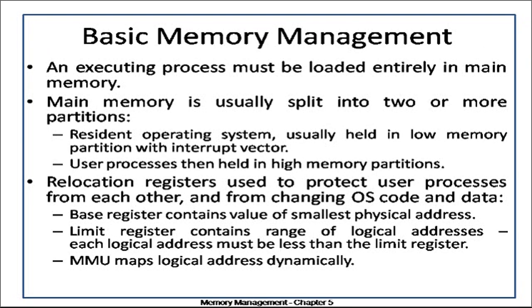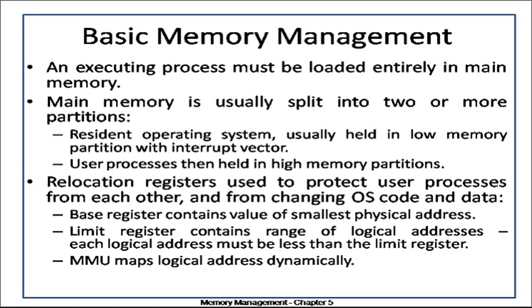Basic memory management. An executing process must be in main memory. The main memory must accommodate both the operating system and various user processes. The main memory is usually divided into two partitions, one for the resident operating system and the other for the user processes.